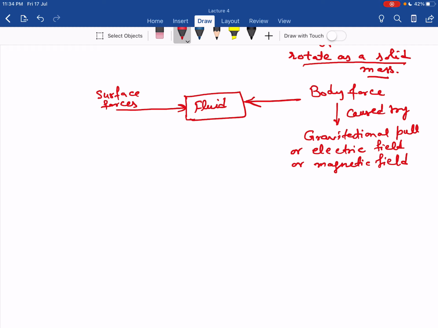So due to these, we have the body force. Now this body force is proportional to the mass of the body.